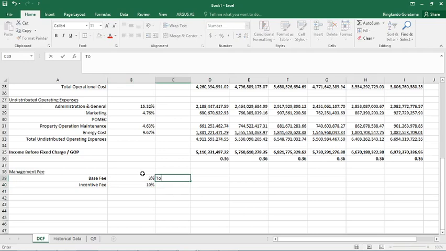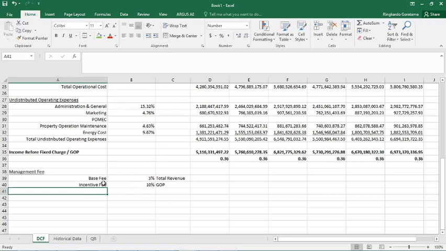So this is from the total revenue, 3%. This is from the GOP. Usually, like the incentive fee will be given if the GOP is 40%, they get 10%. If only below that or between 30 to 40, they only get 5%. There's a condition from the management.